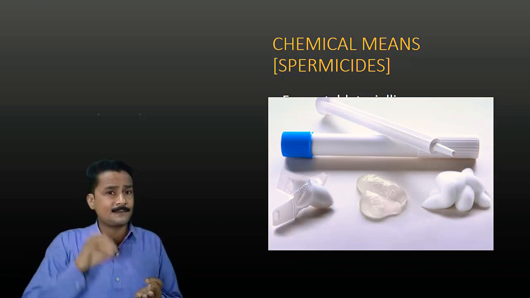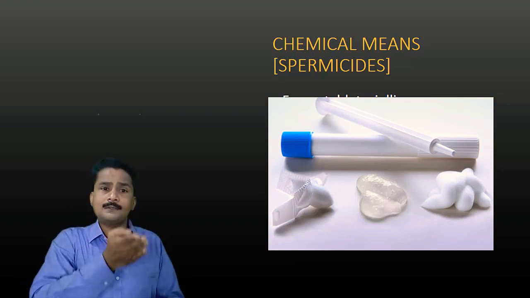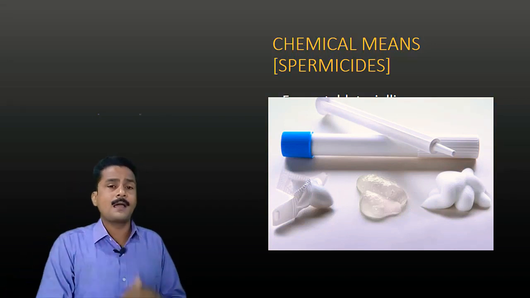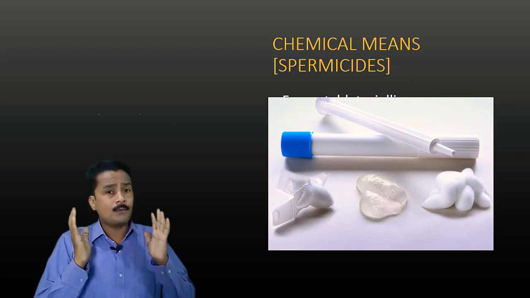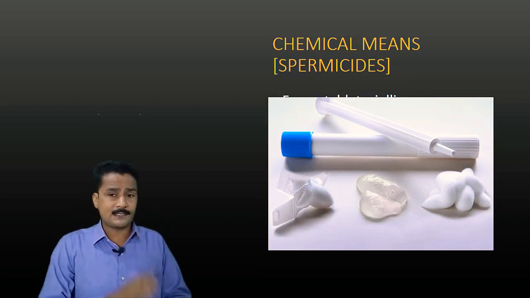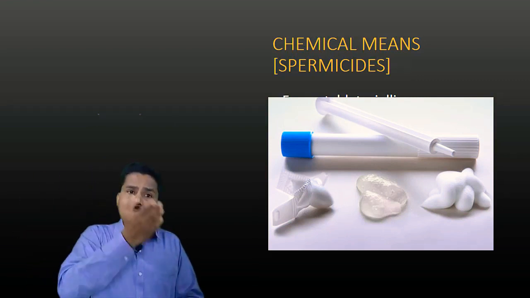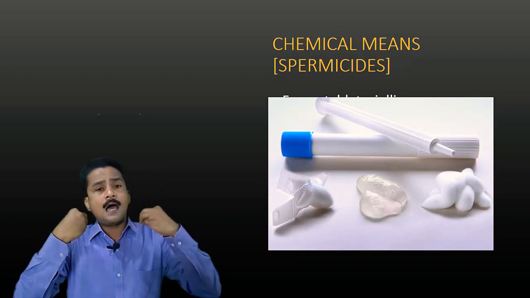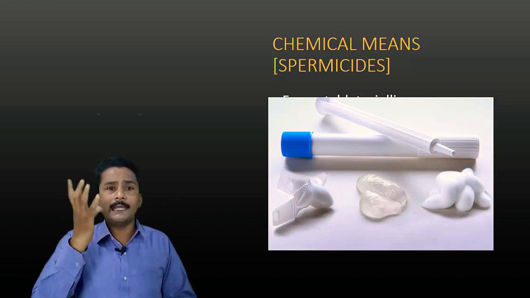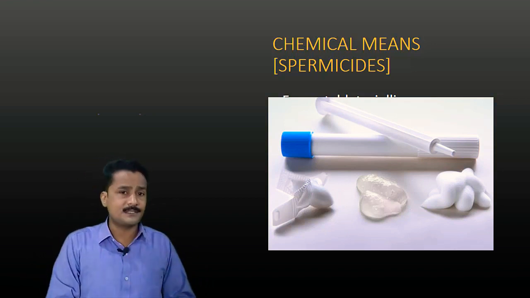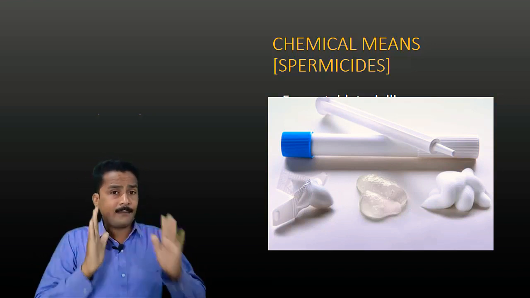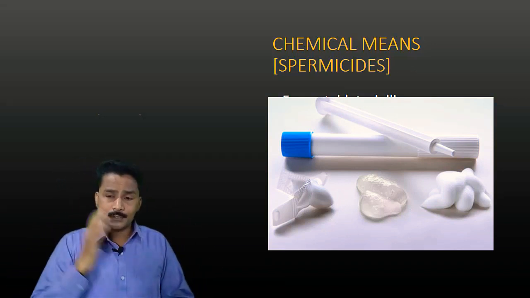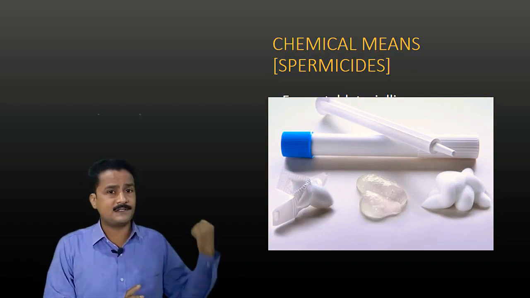These substances are applied to the inner portion of the vagina before the start of actual sexual intercourse. What is the mechanism of action? These spermicides adhere to the mucous membrane of the vagina and bring about immobilization and killing of the sperm. That means they prevent the movement of the sperm and ultimately kill them. That is the way of action of the spermicide.